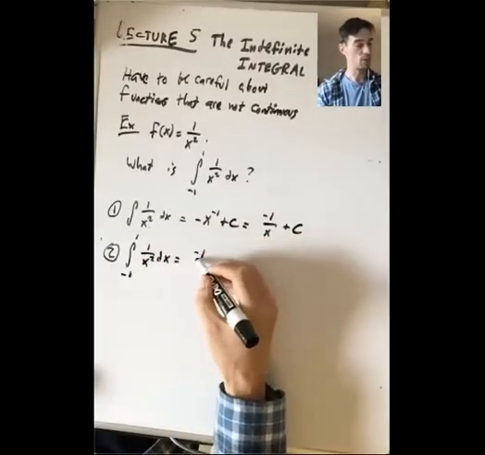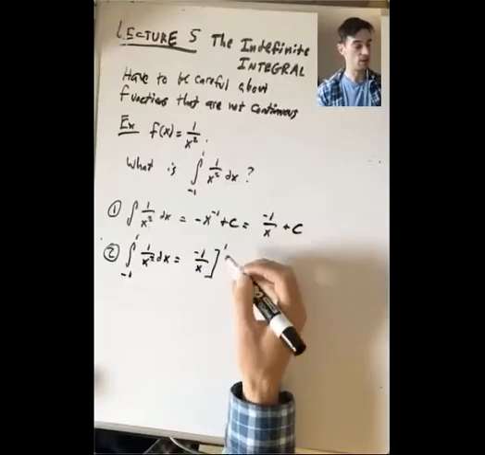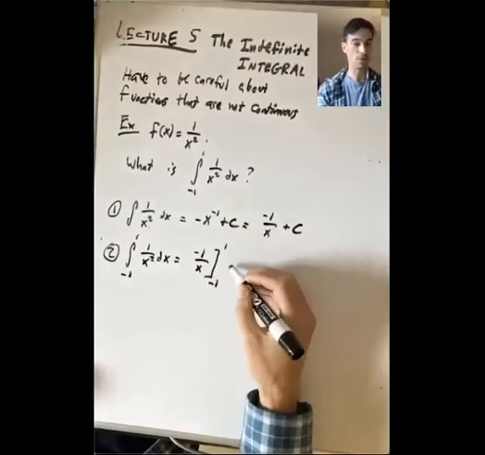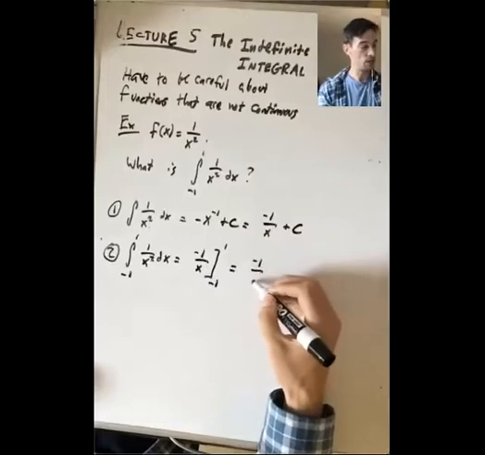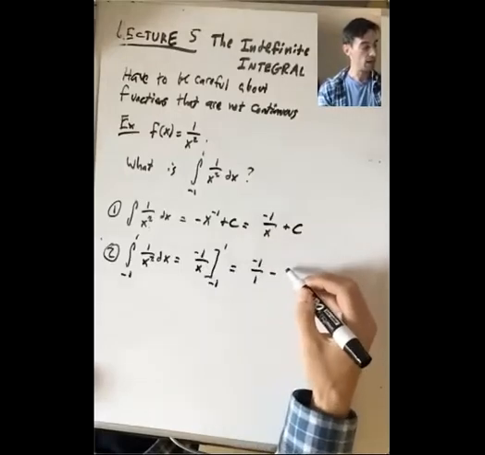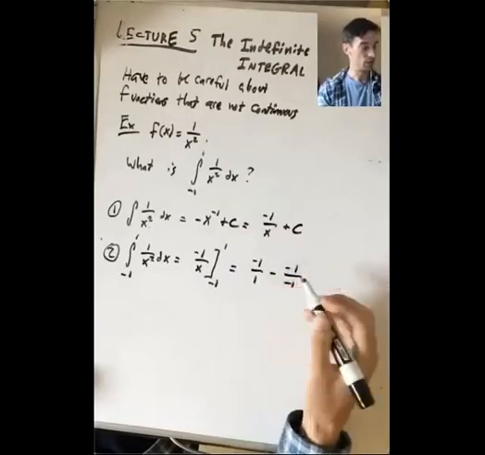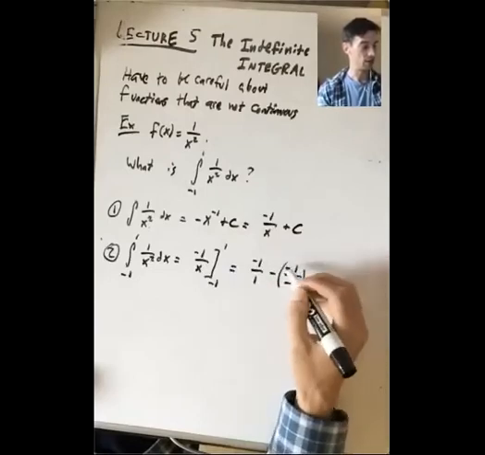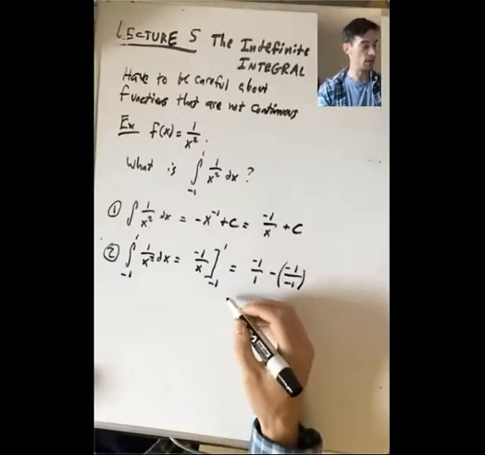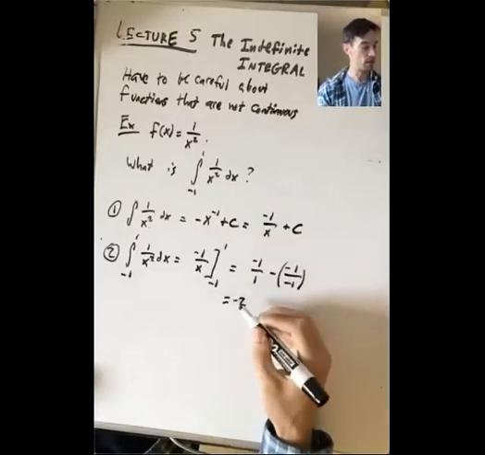So we have -1 over x, evaluated at 1, evaluated at -1, and we get -1 over 1 minus -1 over -1, which, okay, you have to keep this all straight in your mind. This is 1 minus 1. This is equal to -2.